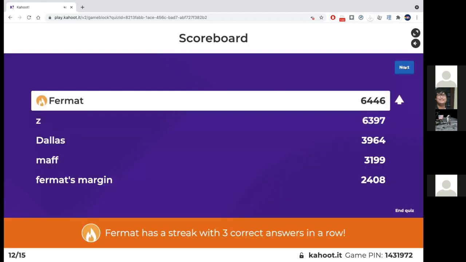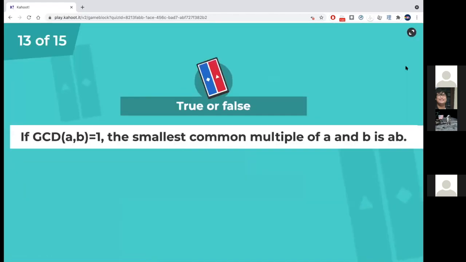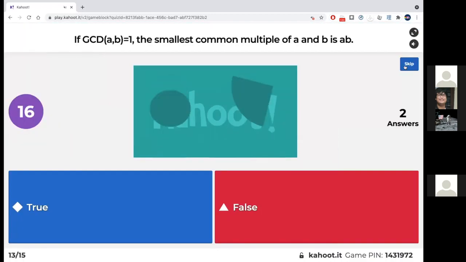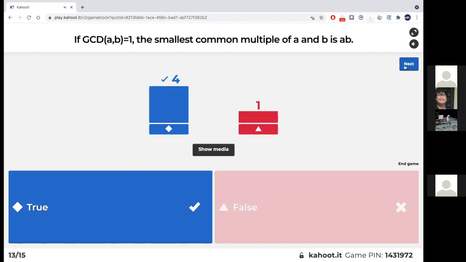Cool. Great. Yeah, so if A and B are not coprime, then the smallest common multiple is not going to be their product AB.